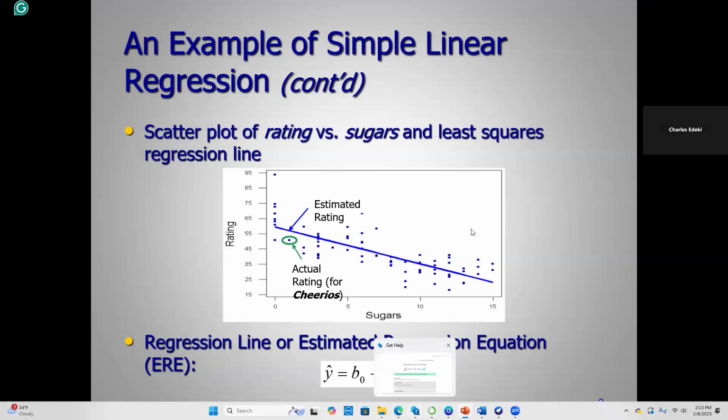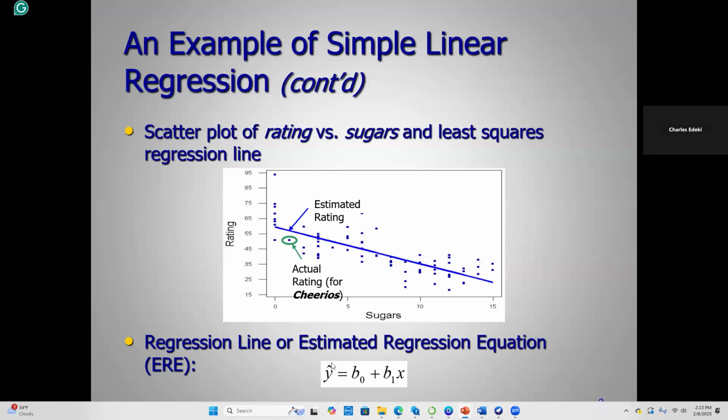So our goal here, we have the blue line. This blue line is the best fit line, the line that has most of the points on it or very close to it. So we will call the line the regression line, or the estimated regression equation will be this.